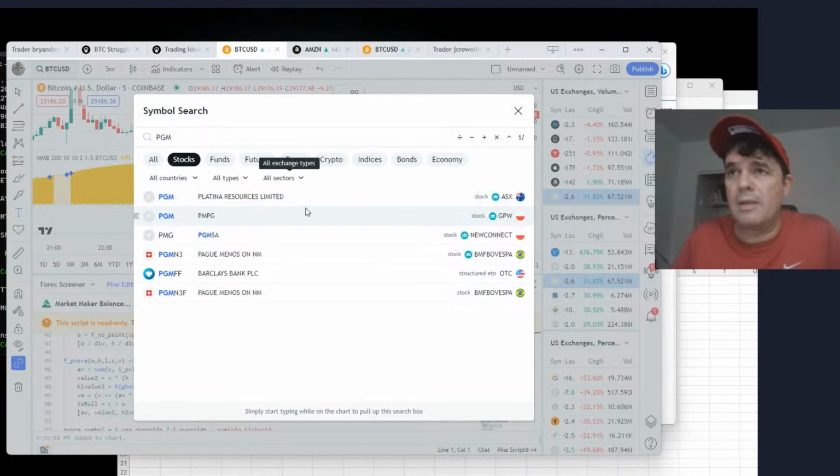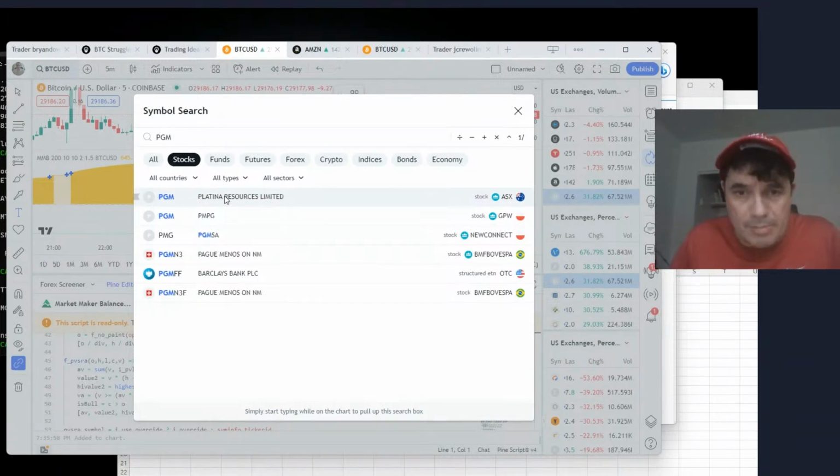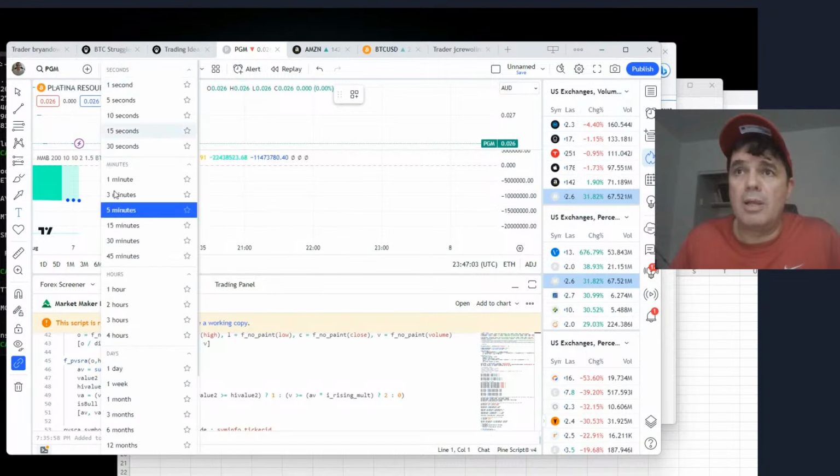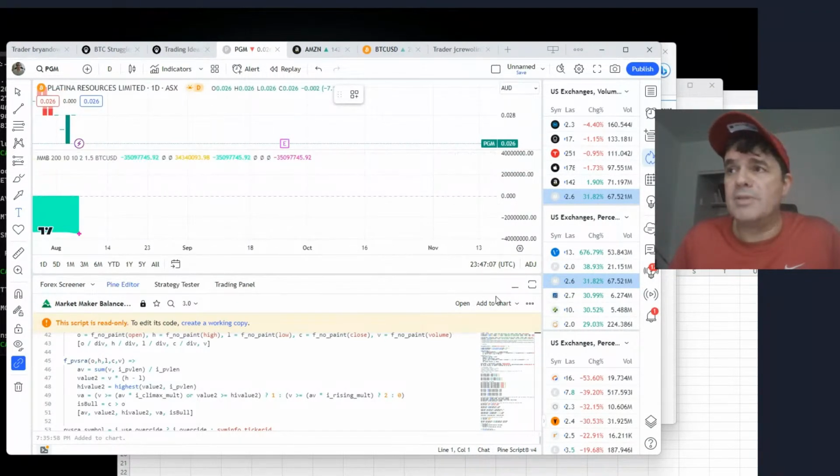If it's a stock, PGM platinum. No, oh yeah, group. No, that's not the same. I'm not sure if that's the same one. I'll look at the daily chart here. Let me just get rid of these indicators here.